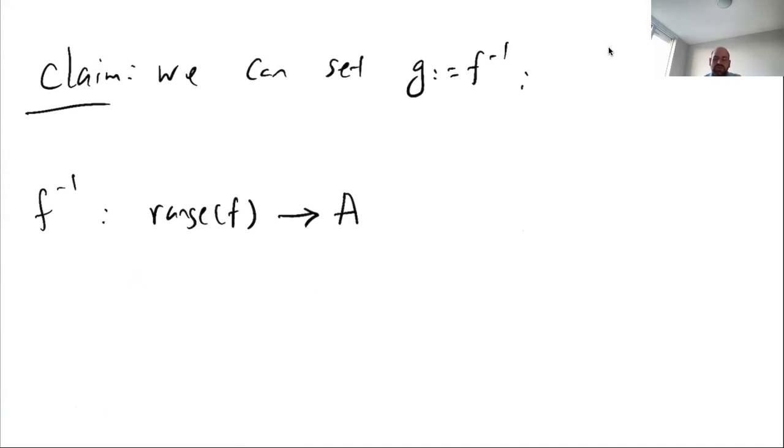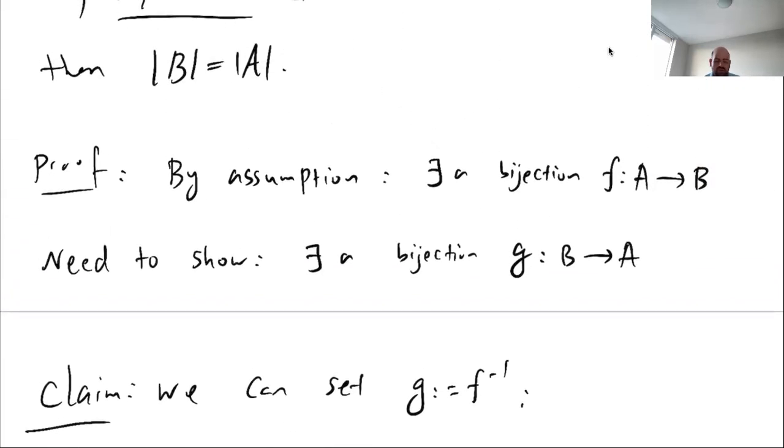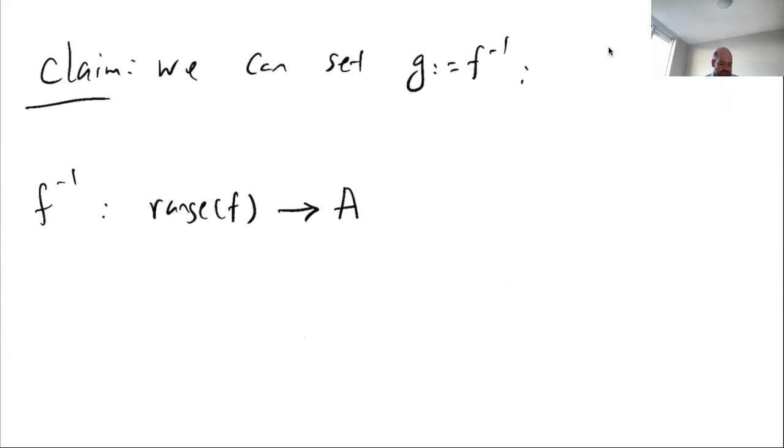Onto means the range of F is the same as the codomain. A function is called onto or surjective if the range is the same as the codomain. What is the codomain here? Codomain is B, right? So F is onto, that means the range of F equals B. So F inverse will be from B to A.